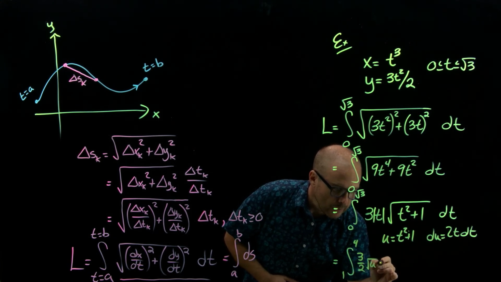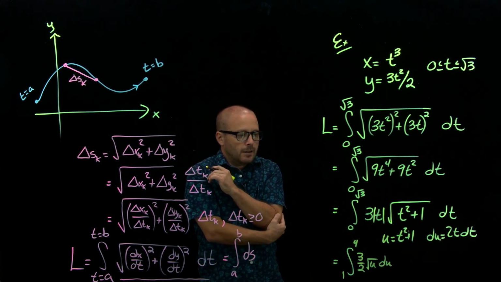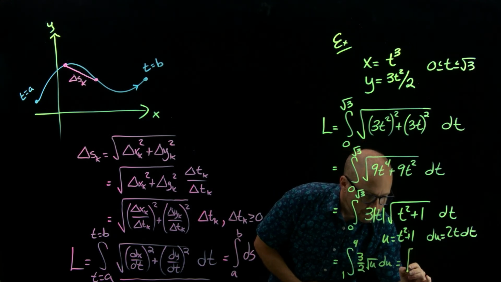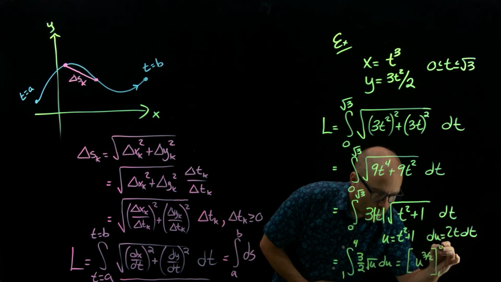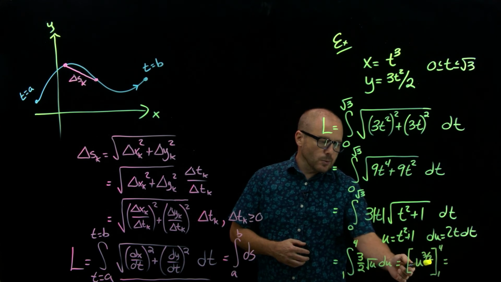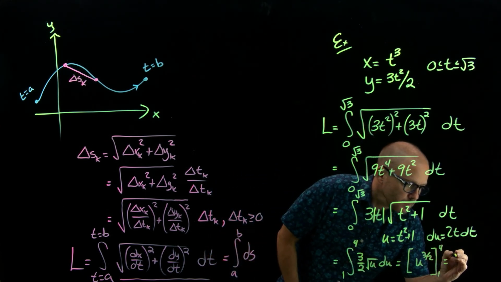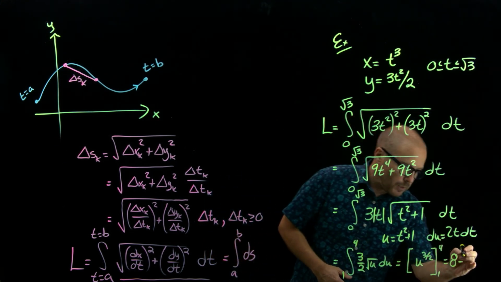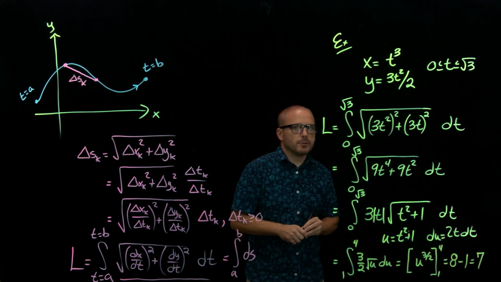And then square root of u du. That antiderivative is just u to the 3/2 from 1 to 4. 4 to the 3/2, remember this just means take the square root and cube it. So the square root of 4 is 2, cubed is 8. And square root of 1 is 1, cubed is 1. So 8 minus 1, or 7, for the length of our curve.